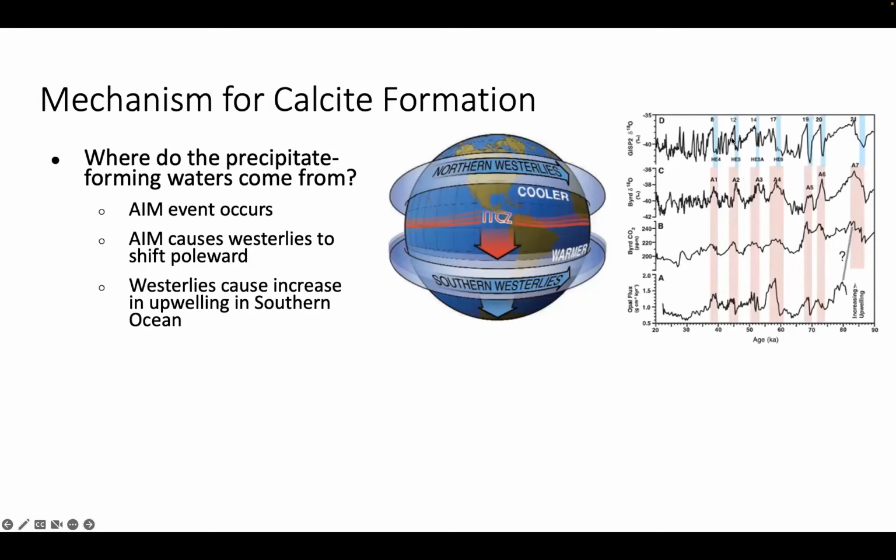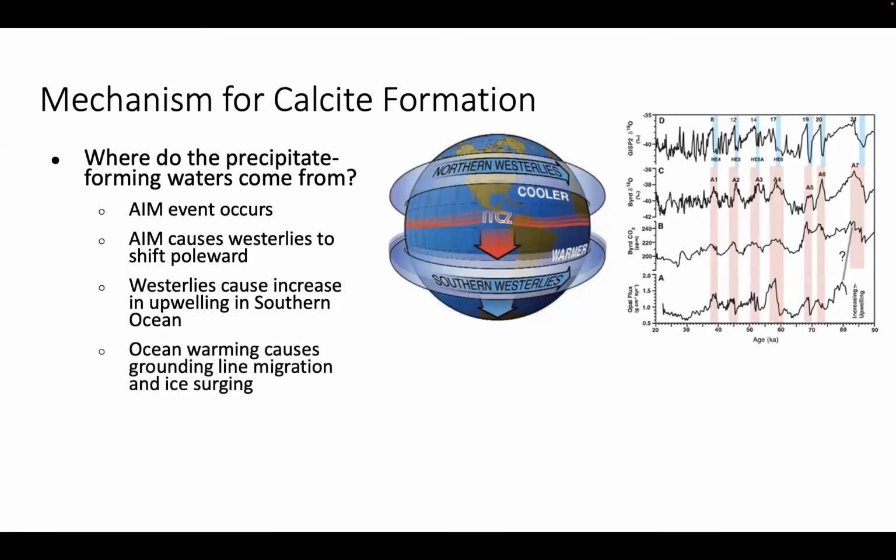We have these three different temperature proxies up here, like CO2 and delta O18 and various things. Down here is opal flux, which is a proxy for upwelling of the Southern Ocean. You can see this stack is establishing this correlation between the AIMS and the increase in Southern Ocean upwelling.